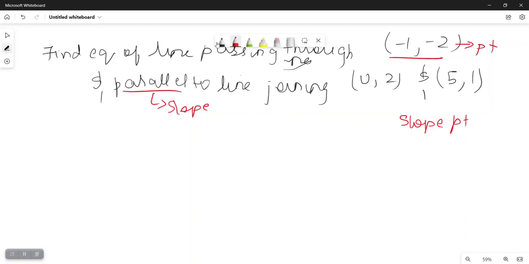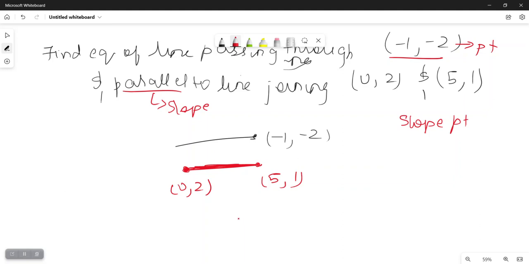The problem is we have a line which passes through (-1, -2). It is parallel to another line. This line, the red line, passes through (0, 2) and it passes through (5, 1).